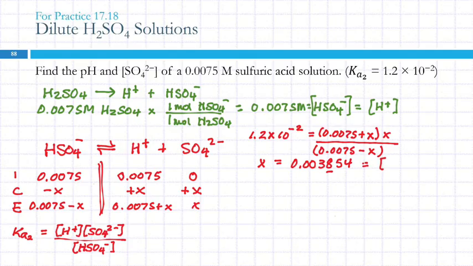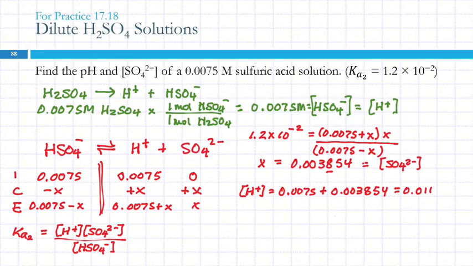So that's the SO4 2 minus, which is one of the things they asked us about. So that is part of an answer. Okay. So let's add those together. And we're going to get 0.01135.